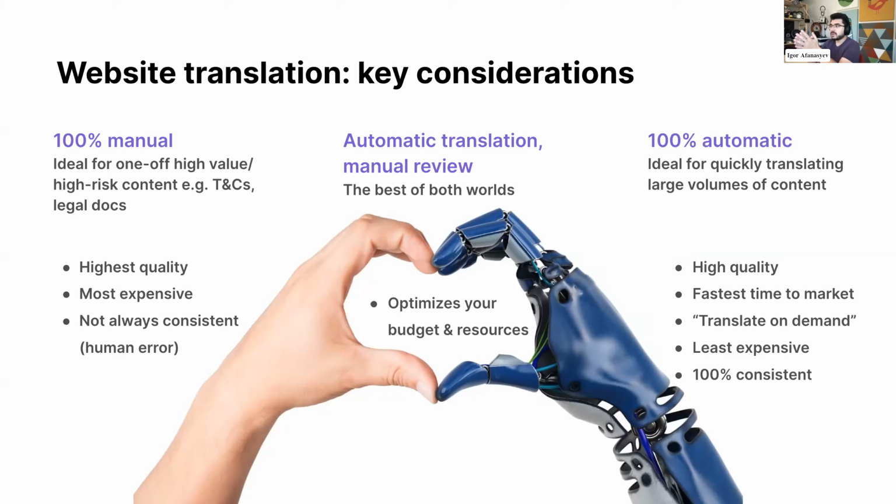Now, the beauty of the approach is that you can really mix them together and have 100% automatic translation as a base layer for your entire website. Then, knowing where your traffic flows, for example, or what languages are the most important or what pages are the most critical, this is where you can add some manual review and mark those pages as editable.